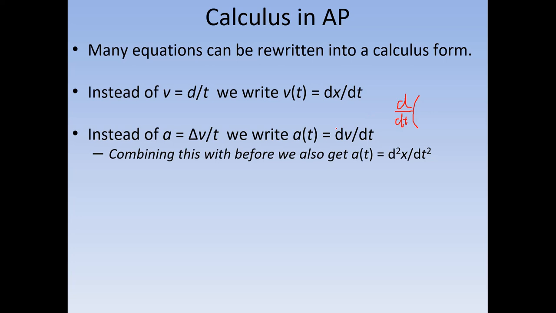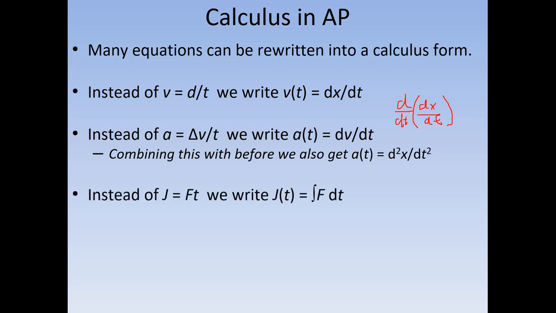For example, instead of writing dv divided by dt, I could do d over dt of, and since velocity can be rewritten as dx over dt, this is why we can rewrite it as d squared x over dt squared, because we have two d's multiplied, squared. So basically, if I take the derivative of a derivative, I'll get the acceleration.